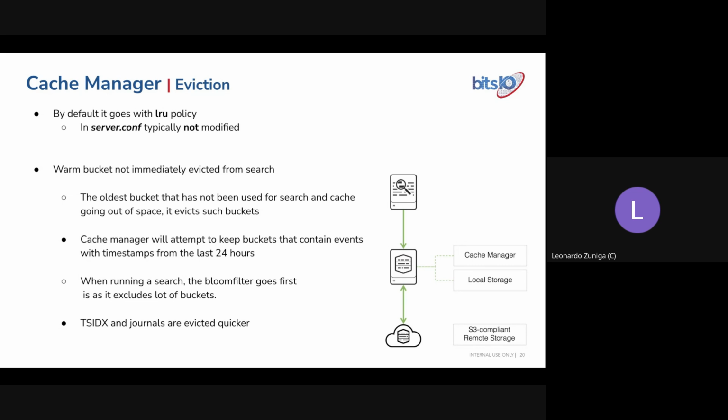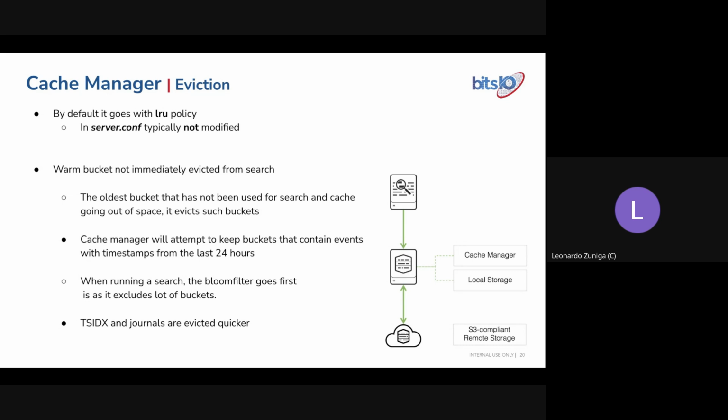When a search is run, what goes first to the remote storage is the Bloom filter of a search, so it knows which buckets to search and which to exclude.